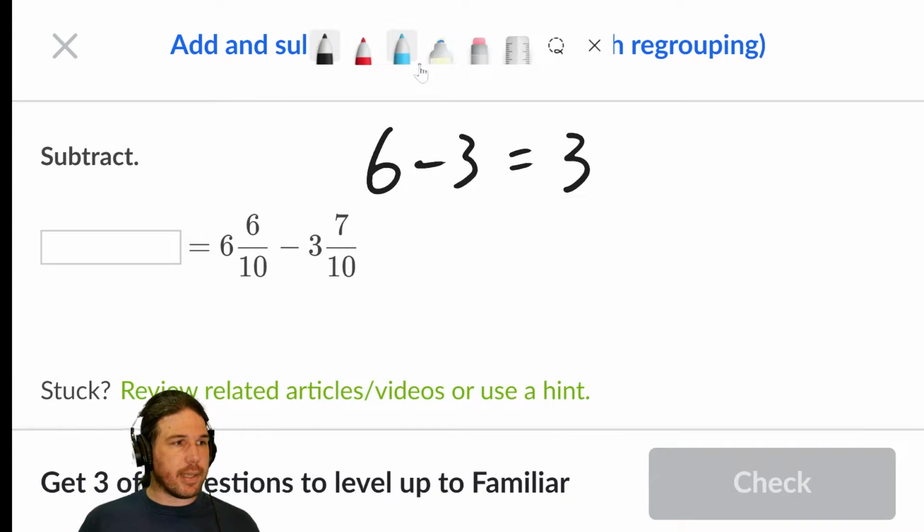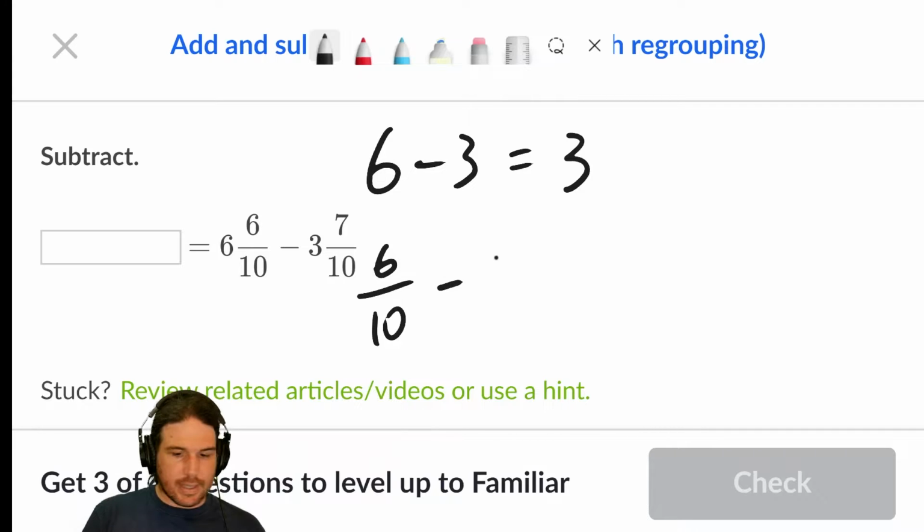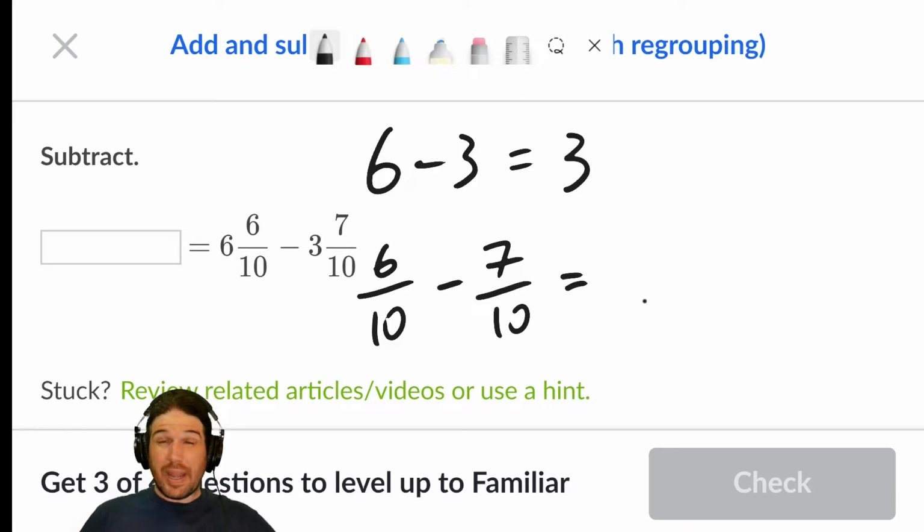The problem is, when we try to do 6 over 10 minus 7 over 10, we're stuck. We haven't actually learned about negative numbers yet here on our Khan Academy run. We can't do 6 minus 7. But just like when you are doing subtraction with normal, non-fraction whole numbers, you can always, they say borrow, but you're really not borrowing.